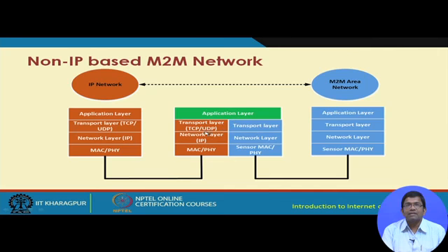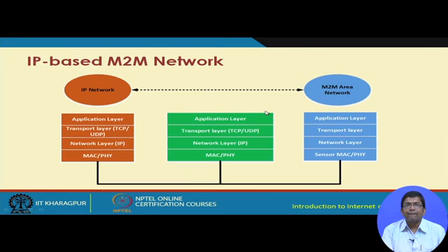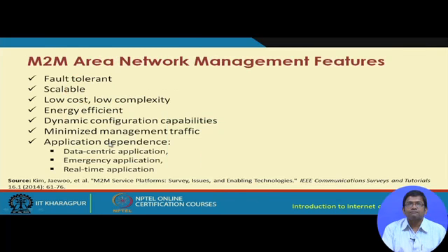The application layer basically seamlessly integrates the IP network and the M2M network in this manner. Then we have the IP based M2M network where everything goes as usual. So, we have the same set of layers: application layer, transport layer, network layer, sensor or MAC layer, and this is the same all across.